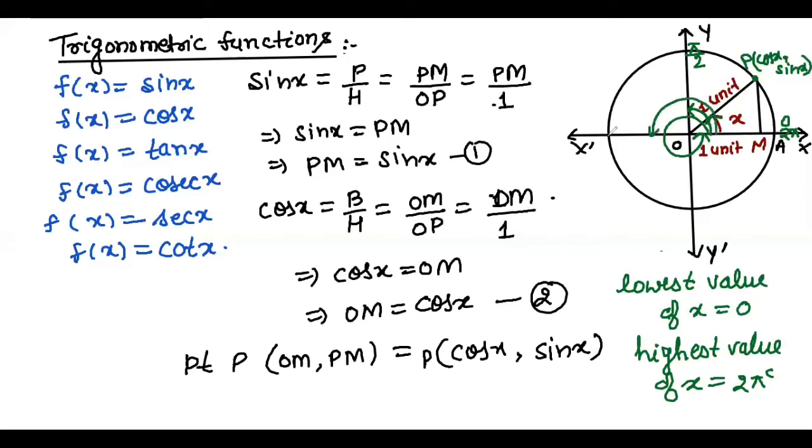This angle will be 180 degree. 180 degree is pi radian. Now this angle here is 270 degree, and in radian form that is 3 pi by 2. And next, after completing 1 revolution, we get 2 pi radian. 2 pi means 360 degree.